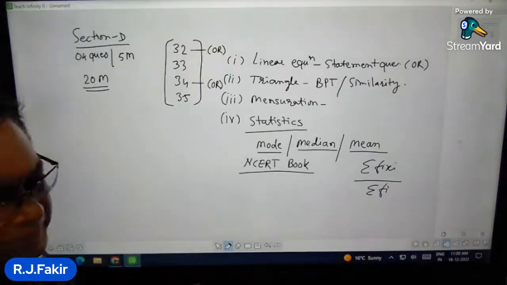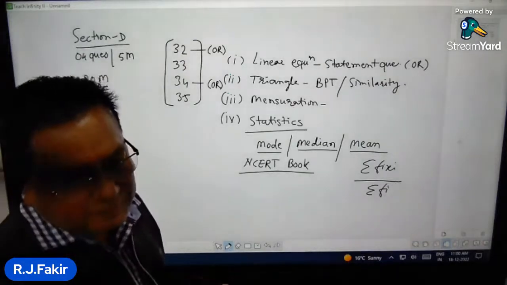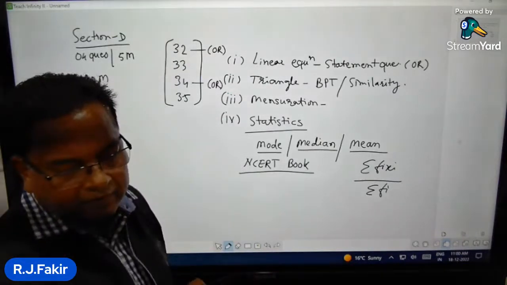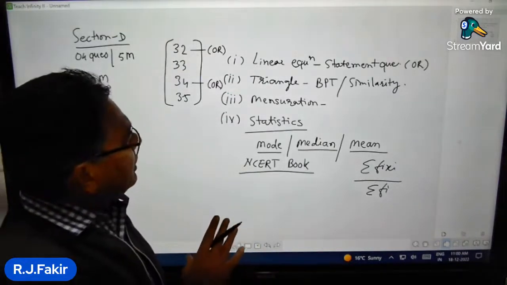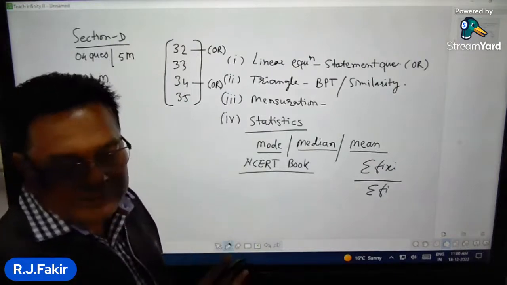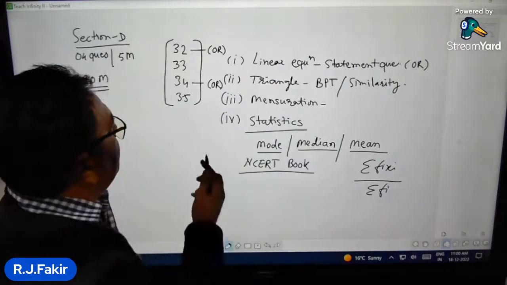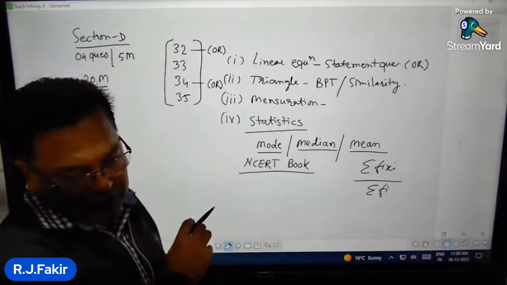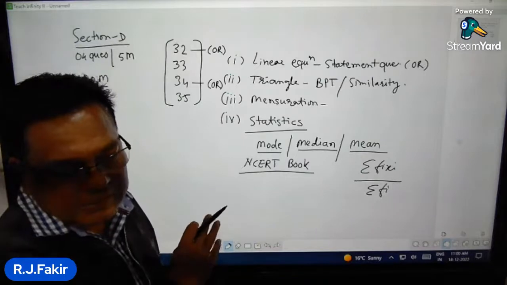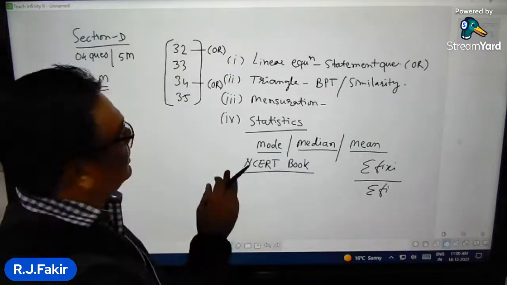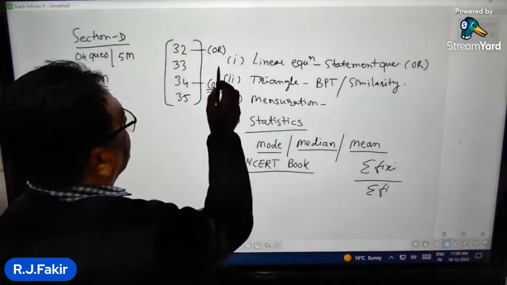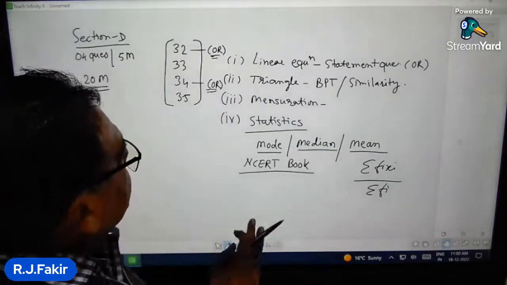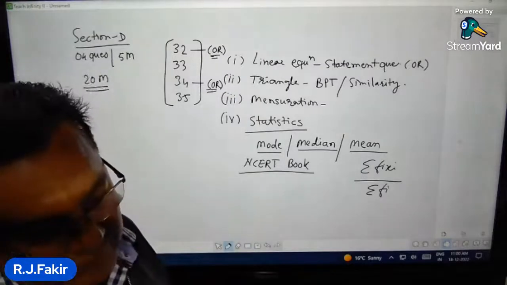You read both parts of that question. Don't just read one question and start solving it. My advice is to always go through the question paper thoroughly, and whenever you have choices, you have a great chance to score. If you are comfortable with any of the parts, use that one judiciously. Read the question carefully, and then take a decision which part you have to solve.